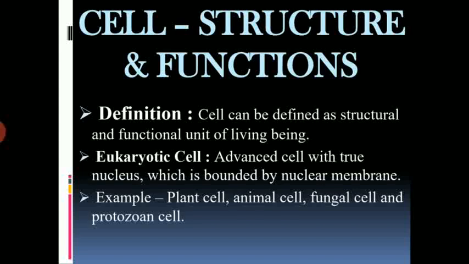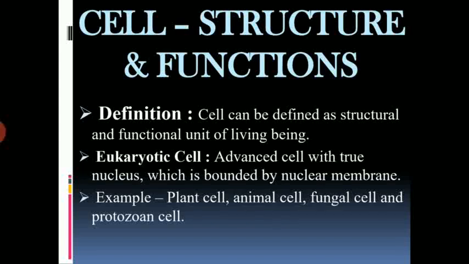For example, energy formation. Where does the energy form in our body? It is inside each and every cell. So the cells are responsible for energy formation and that's how our body works. Fine. So a cell provides you your structure as well as it carries out all the metabolic activities.